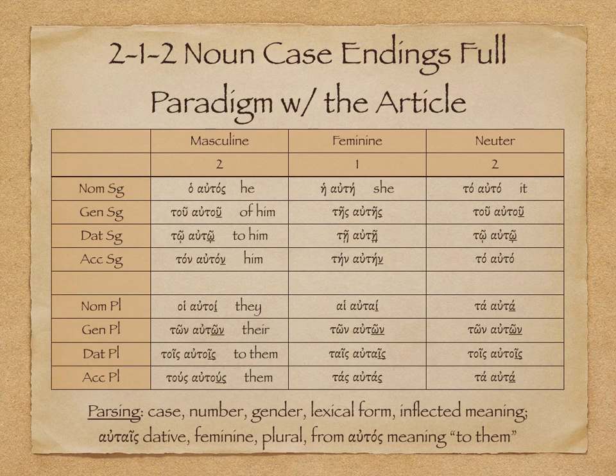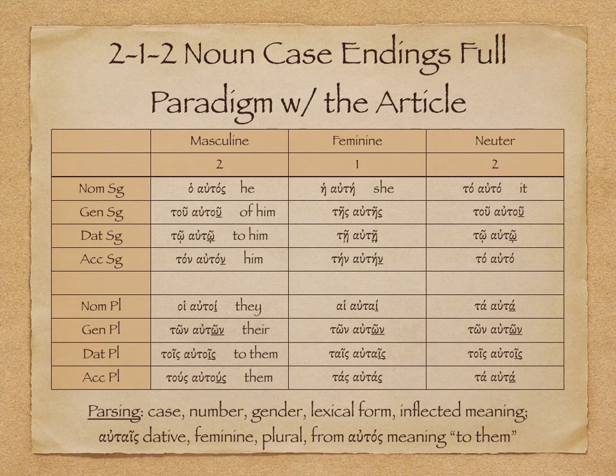In the plural, they, their or of them, to them, and them would be across the paradigm, but in English we would just signify the they being either masculine, feminine, or neuter. But here you can see immediately that Greek has a different ending, and so it allows for a high degree of specificity. Because of the case endings, the stem is nuanced to a particular gender, masculine, feminine, or neuter.